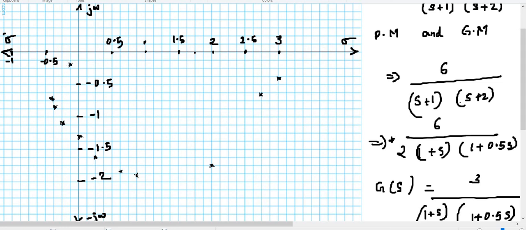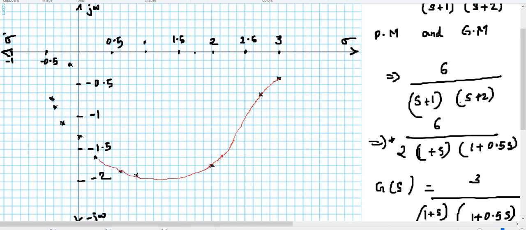So you can see that at higher frequencies it will move towards the origin. When you take very high frequencies, the polar plot will move to the origin. It starts approximately here, the polar plot starts from here. This is our plot.